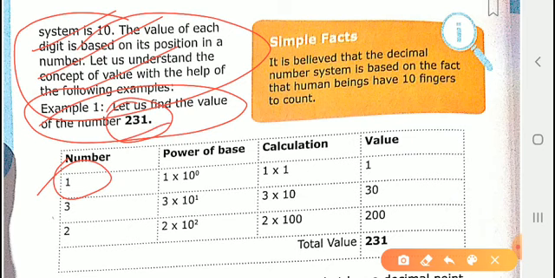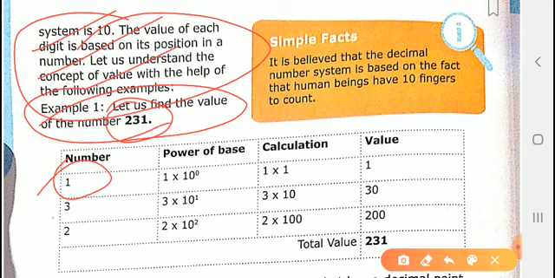So we can take 32. We divide 32 by 2, which gives 16 and remainder 0. Then 16 divided by 2 gives 8, remainder 0. Again 2 into 4, remainder 0.